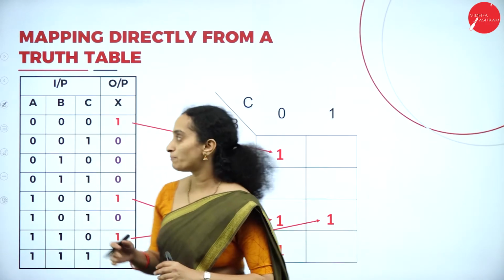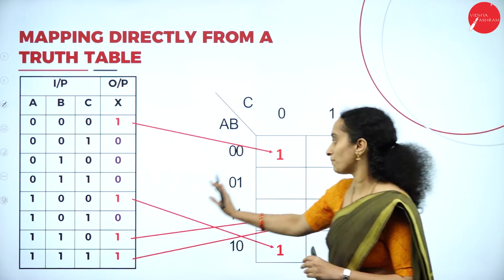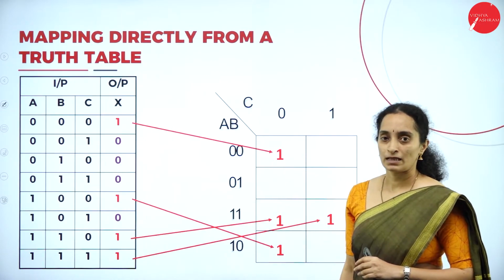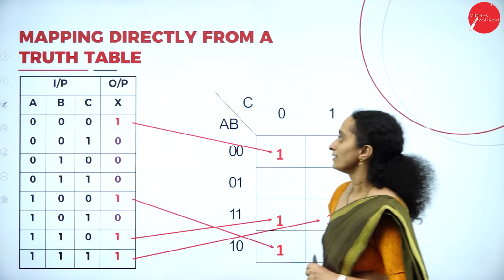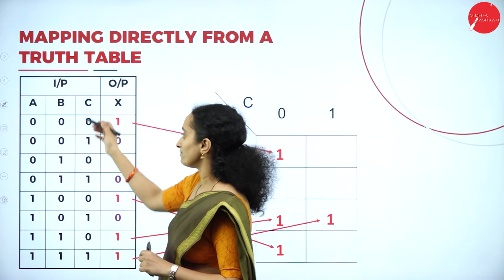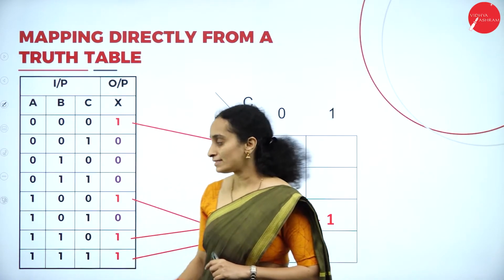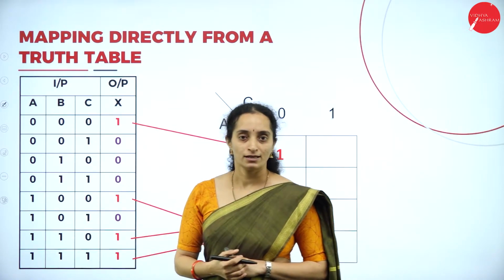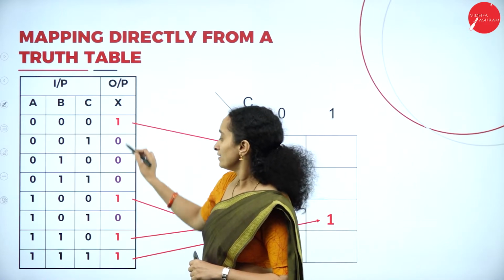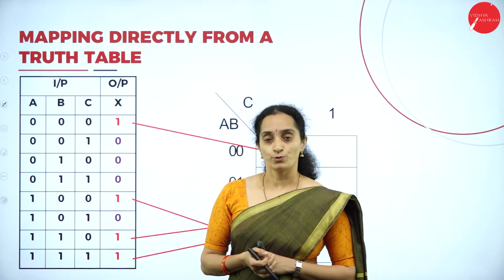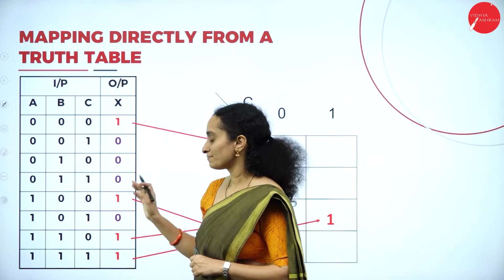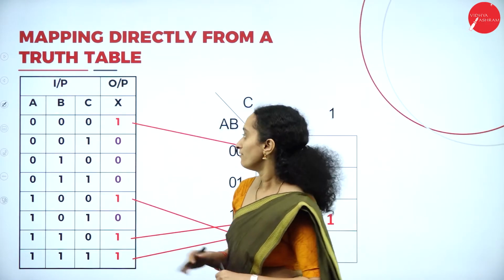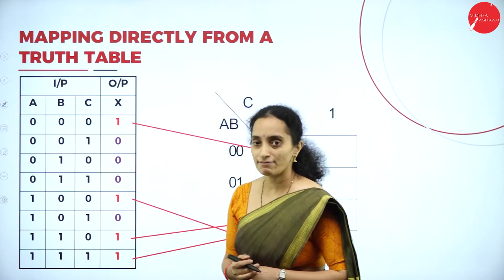You can directly put the values from the truth table into the K-map. Alright. Now, in this example, we have a truth table of 3 variables with 8 different combinations, and we have the output of the function like this. X is the function. The function has these many values.